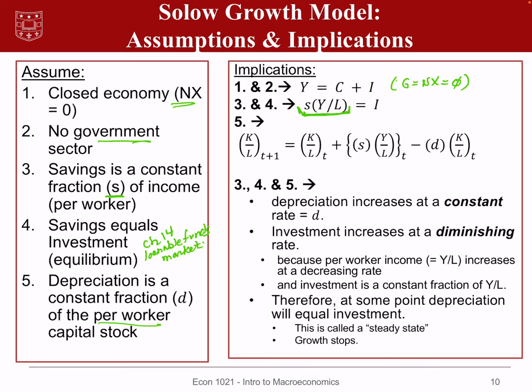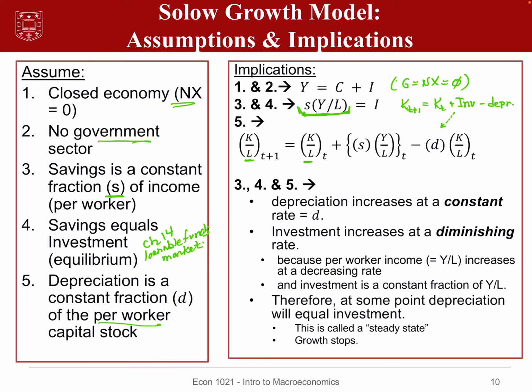In earlier instances in which we talked about the evolution of the capital stock, we said the capital stock next period is the capital stock that we have in place this period, plus investment minus depreciation.